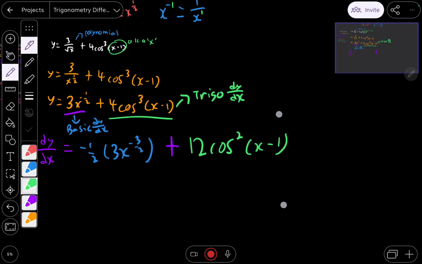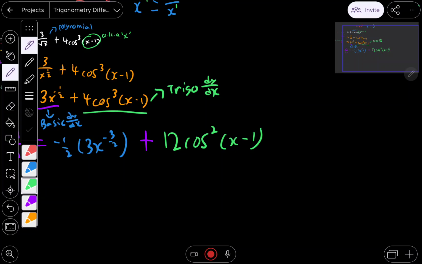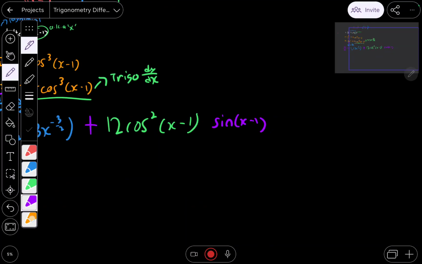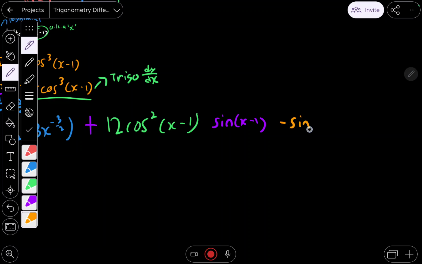Alright, and when you differentiate cosine square x minus 1, ladies and gentlemen, do you write this? I'm going to give you 3 options: purple, orange, or red. Ladies and gentlemen, what do you think?